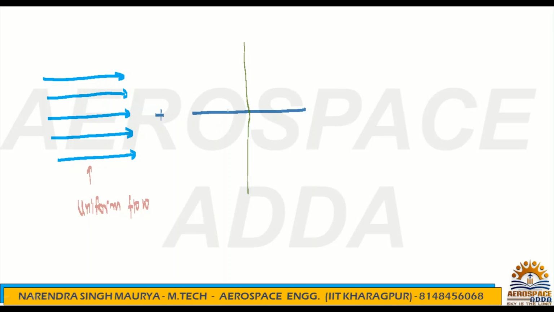So the flow pattern for the doublet flow will be something like this. If you turn the pages, you will get it. This is the source started from this point, and here this is the sink. Source will generate the flow coming out from the source, and sink is absorbing the flow, or sink is the point where the flow goes towards the sink. That's the meaning of it.